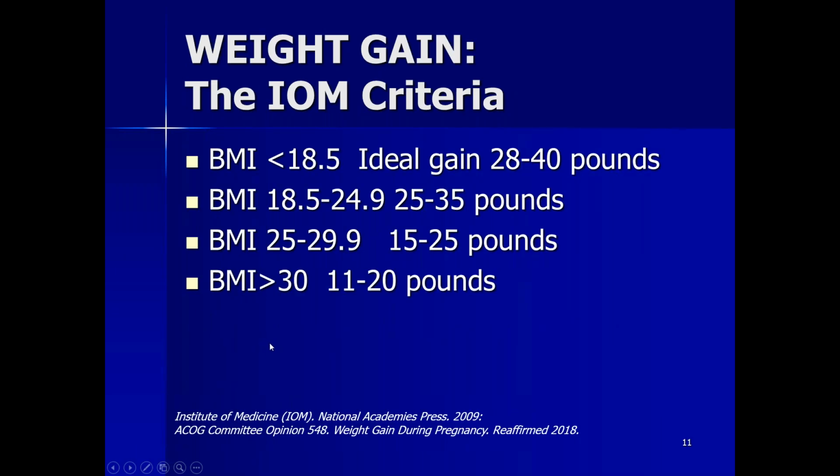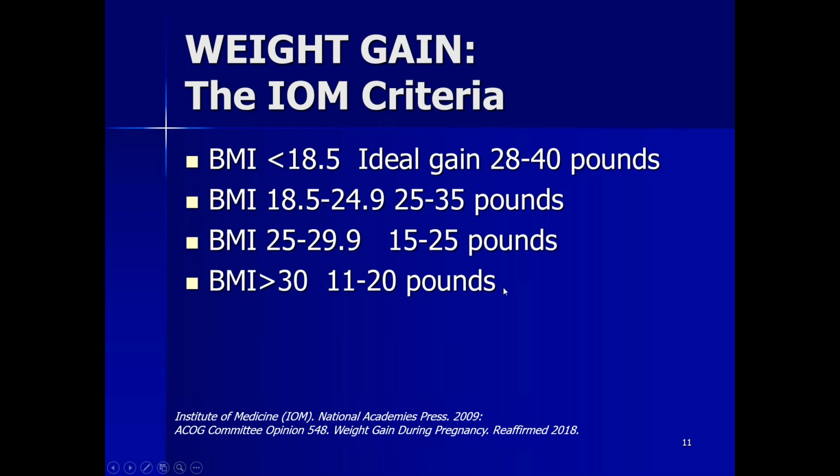Weight gain. Ideal weight gain for a patient whose body mass index is over 30, which most of our patients with gestational diabetes fall into this category, if not even the higher BMI categories, is 11 to 20 pounds for the entire pregnancy. Now, it is true that by the time you see her at 28 weeks, she may have already gained 25 pounds.